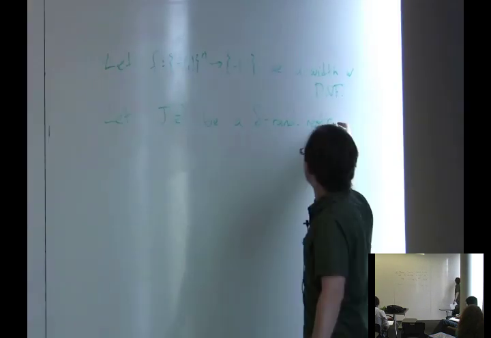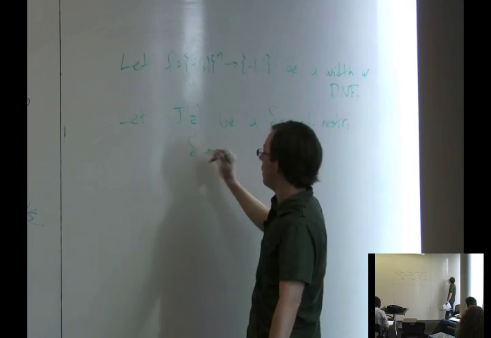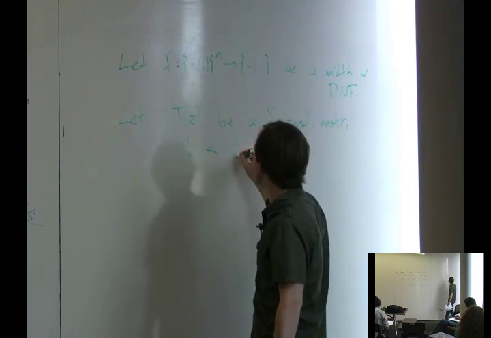And let's imagine a random restriction, J, Z, be a delta random restriction. And think of delta as being less than or equal to, maybe even in your head a lot less than or equal to 1 over w.